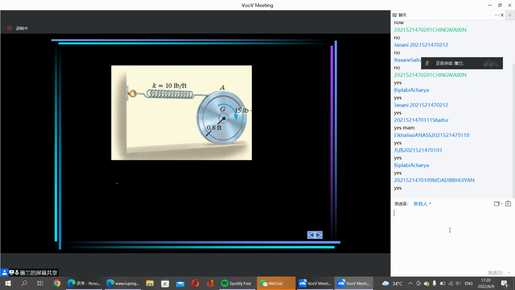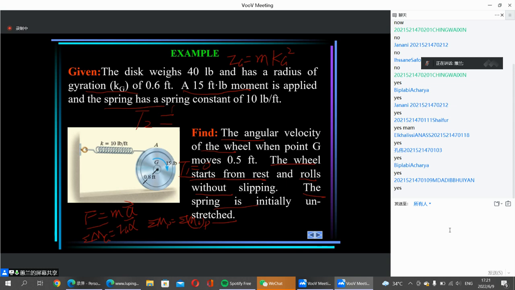The work by the spring force should be 0.5 K, and K is given, right? And should be minus S2 squared minus S1 squared, right? S1 is measured from the unstretched length, and here the spring is initially unstretched.